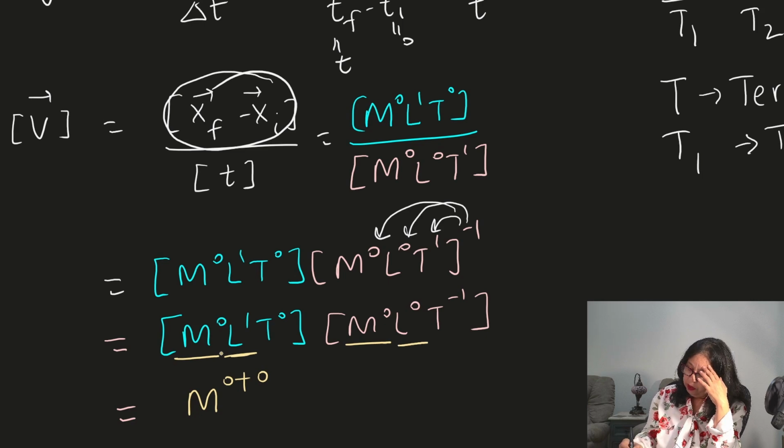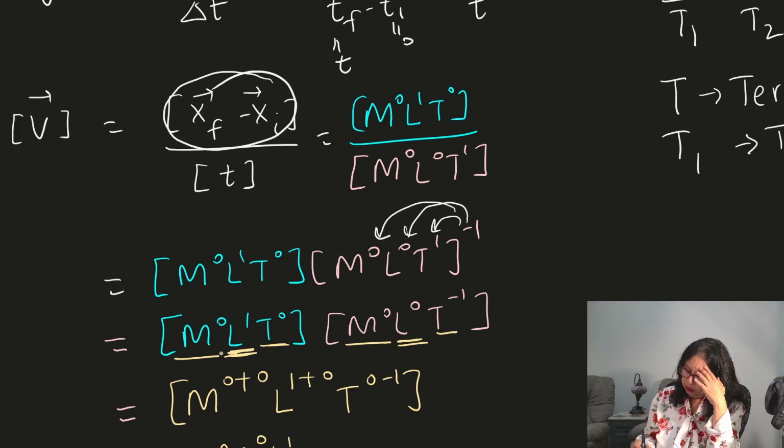L to the power 1 times L to the power 0, 1 plus 0. T to the power 0, T to the power -1. M0, L1, T minus 1. Same as the dimensional formula for speed.